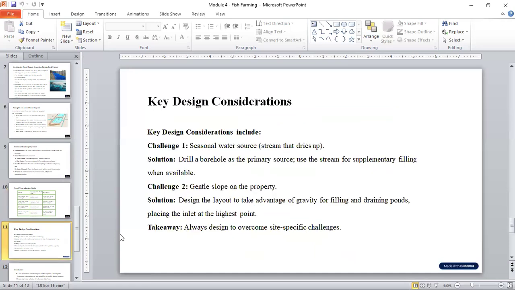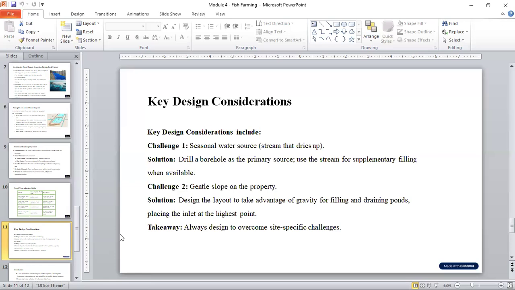Key design consideration to design a pond, I have to consider this. Challenge one, seasonal water sources. A solution, let's say the stream dries up, you need to provide a solution by drilling a borehole as the primary source and use the stream for supplementary filling when available.